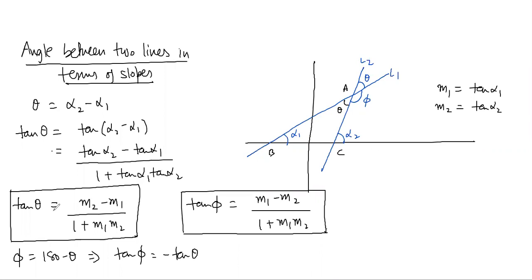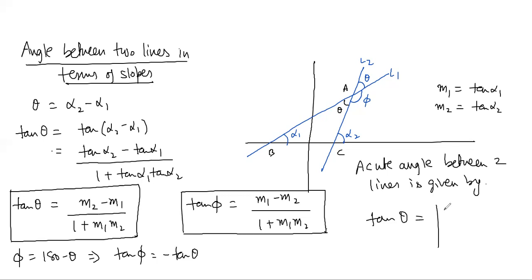Now one of these angles will be acute and another one will be obtuse. So tan of an acute angle is always greater than 0. So the acute angle between a pair of lines is given by, because it is always positive, tan theta equal to mod of m2 minus m1 upon 1 plus m1 m2.